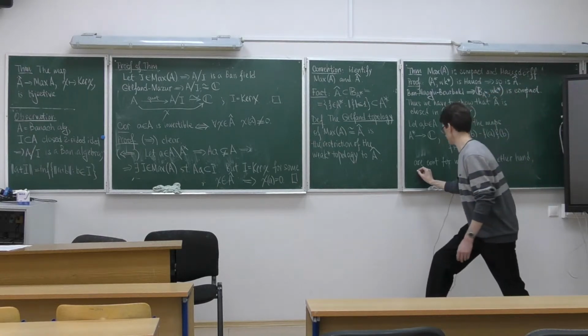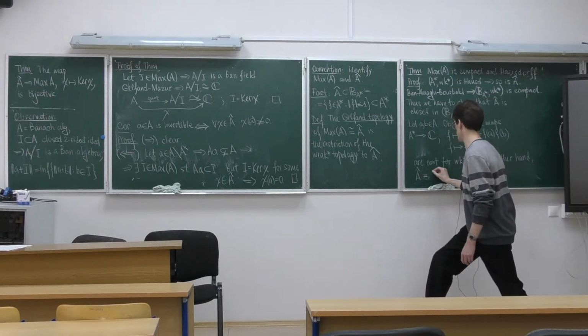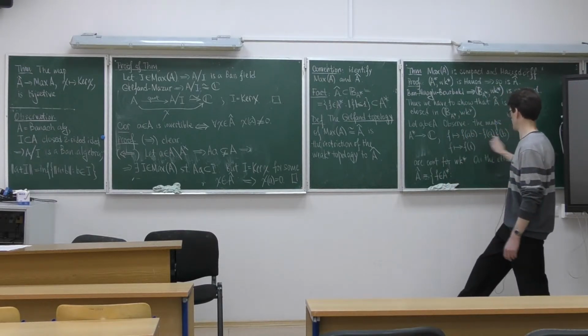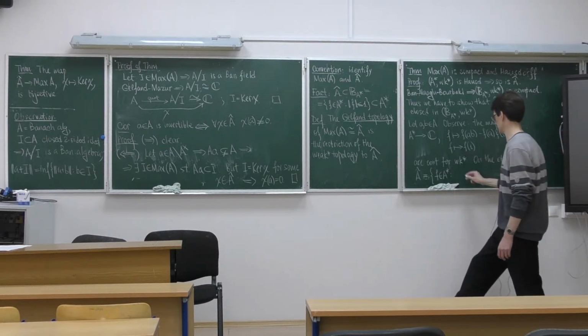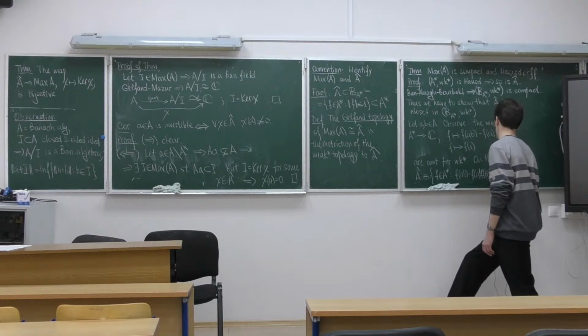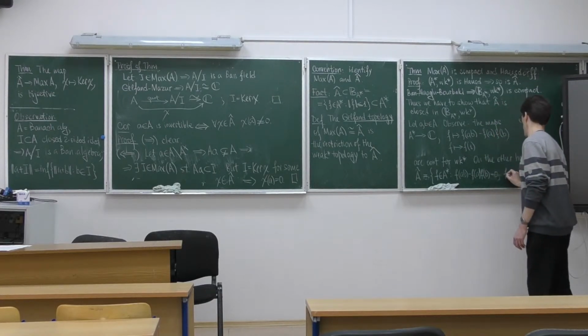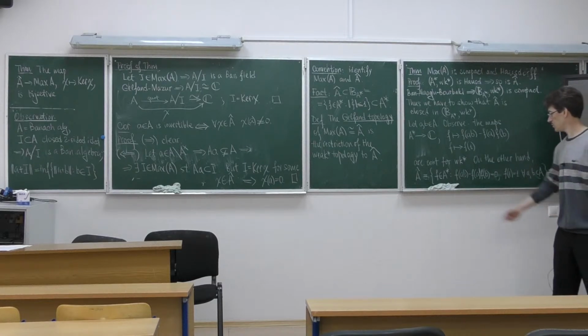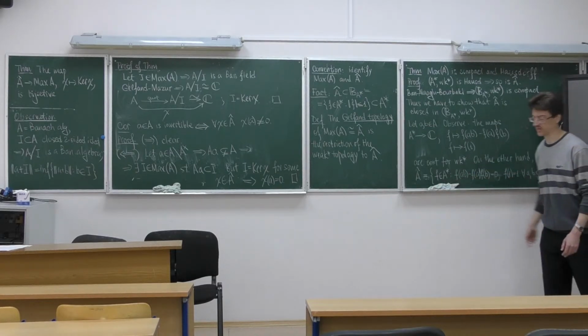the character space, A hat, is nothing but the set of those f for which this is identically 0 and this is 0. f of AB minus f of A f of B is 0, and f of 1 equals 1 for each A and B. So these two conditions determine A hat.